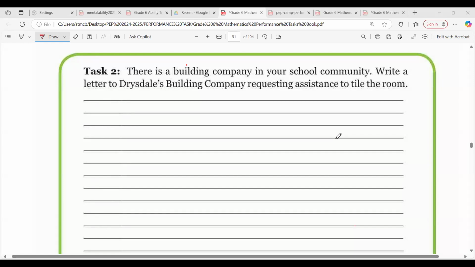We believe that partnering with a reputable and responsible business like yours will not only meet our needs, but also contribute to the well-being of our community. We are impressed by Drysdale's company dedication to quality, customer satisfaction, and community engagement.